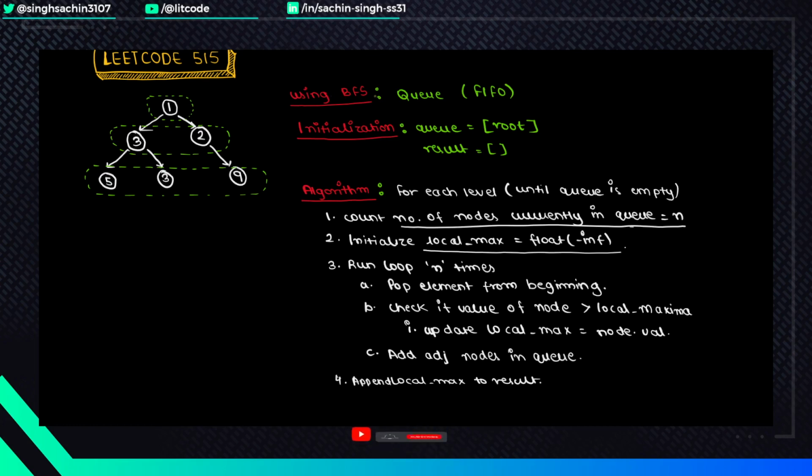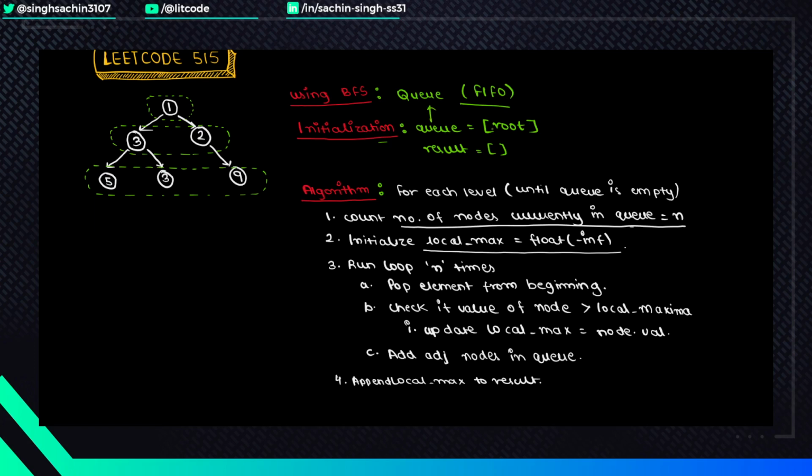So we'll be using the BFS approach, and for BFS we use queues, because queues give us the FIFO functionality, first in first out, right? When we talk about the initialization, we will initialize a variable by the name q, or you can use any variable name, but this variable essentially will replicate the functionality of a queue.